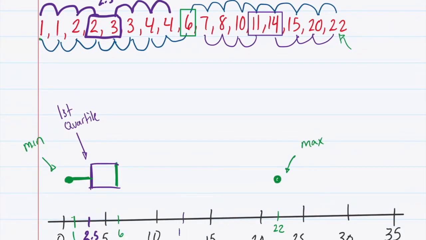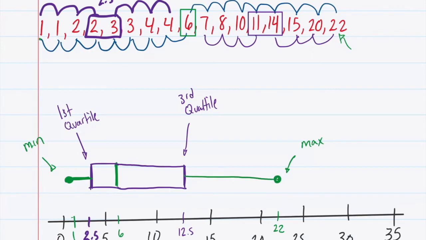So 12.5 is right around there. Let's connect them. And here is our third quartile. Whoa. And if we connect the dot and the box, that should be our box plot.